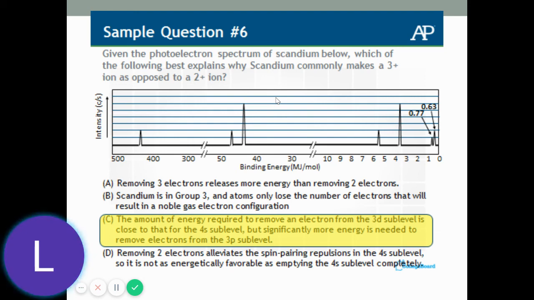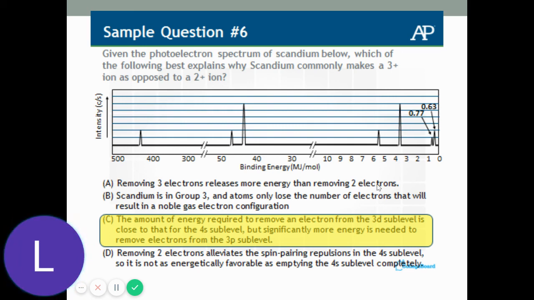So it should have something to do with ionization energy or the spectrum. A says removing 3 electrons releases more energy than removing 2 electrons. Well, this part on the bottom is indicating energy that had to be put in to remove the electrons. So it's not going to release energy at all.